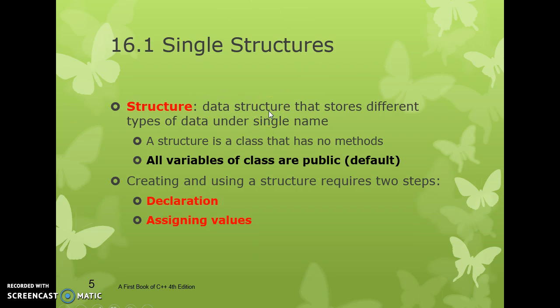A structure basically stores different types of data under a single name. A structure is a class that has no methods, and to create one you basically have two steps. The first step is declaration, and the second is assigning its values.